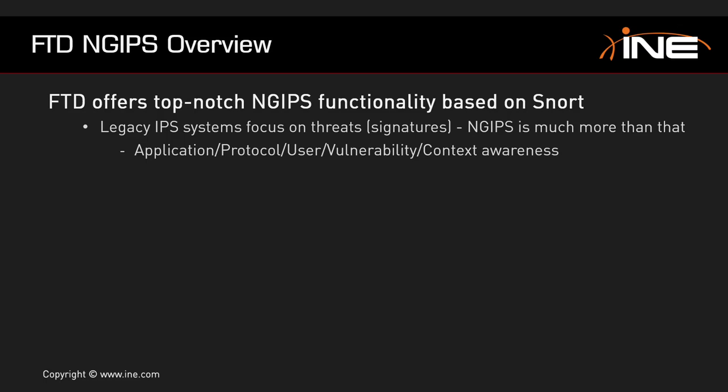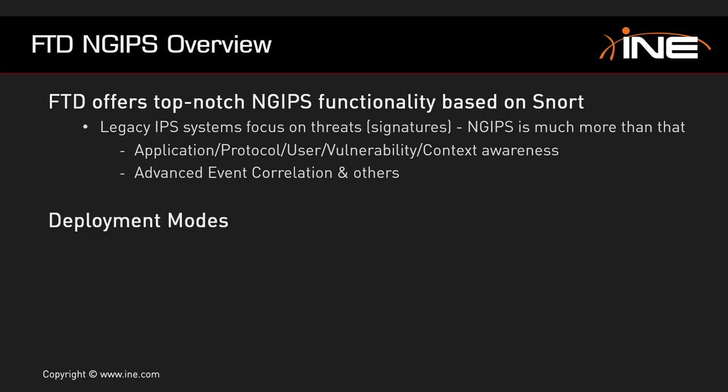It is going to be possible to look at specific vulnerabilities, or bind vulnerabilities to the end systems, and use this information to adjust our policies. The device will be able to come up with a context for the session. It is going to be capable of correlating those individual events, tying them together. We will be able to integrate with other security systems, like for example, Identity Services Engine. This is all what makes the difference between legacy and next generation IPS appliances.